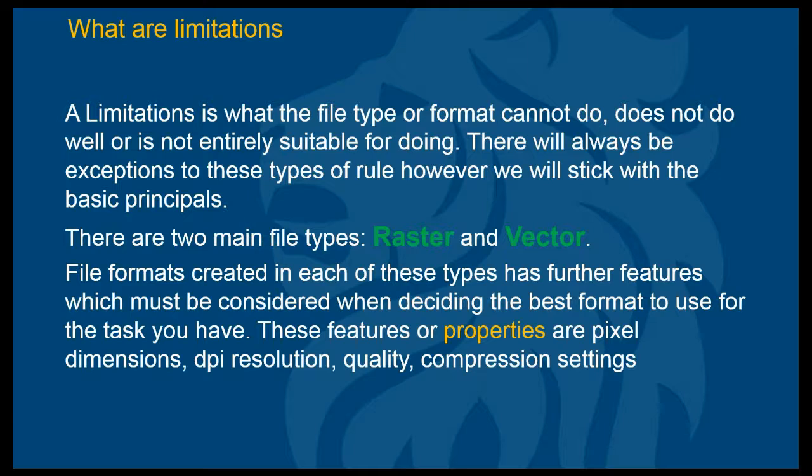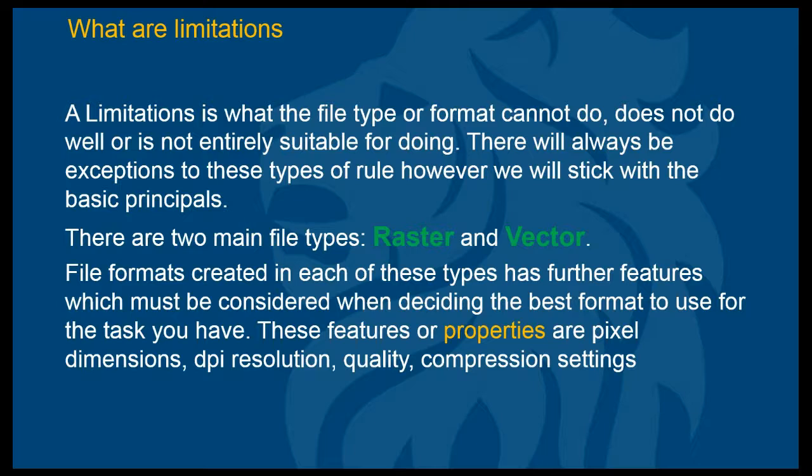The file formats created in each of these types has further features which you must take into consideration when deciding the best format to use for whatever task you have. Those features or properties are such things as pixel dimensions, the DPI of the resolution, that's the dots per inch.